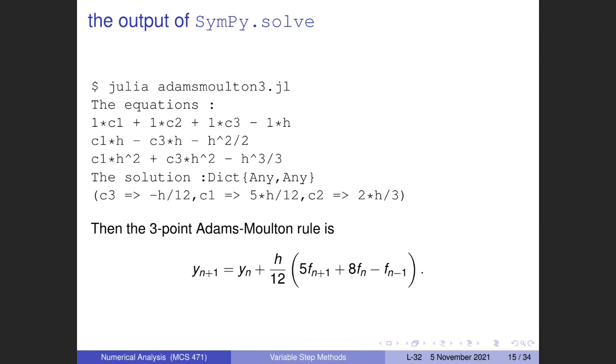We here have the yn plus 1 sitting in there. When we want to evaluate this function at the right-hand side, we will need yn plus 1, knowing that fn plus 1 depends on the value at the right. So this is an implicit rule.